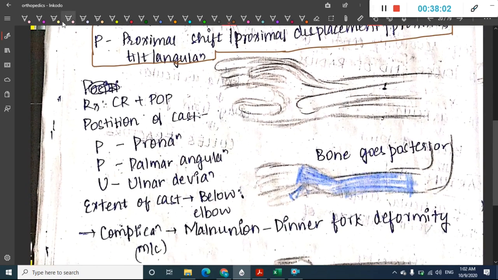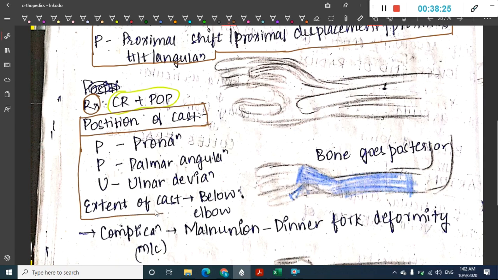Then what about the treatment? The treatment of Colles fracture is closed reduction with POP cast application. How do you apply the position of cast? The position of cast is just opposite to the deviation of the wrist.